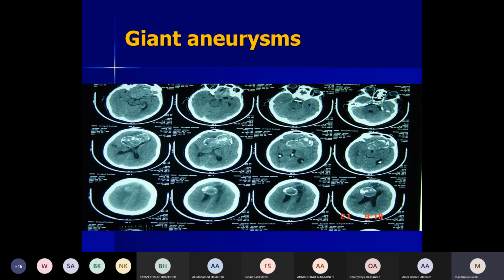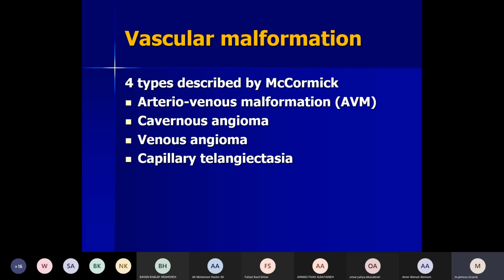These can be a source of thromboemboli causing brain ischemia. For treatment, as we mentioned, we prefer surgery to remove the mass effect of the giant aneurysm. Also, if we need to insert coils, we need large-size coils to occlude this aneurysm.